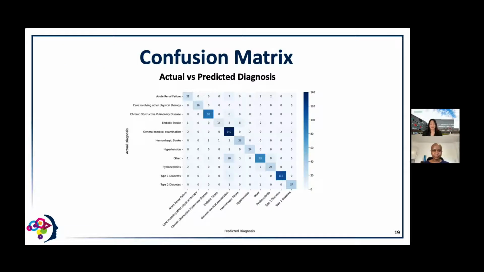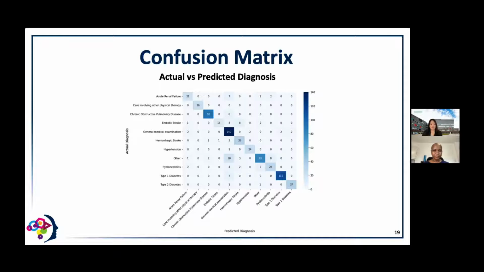A confusion matrix is a really great way of visualizing the results, especially for a classification model. On the left-hand side are the actual diagnoses, and on the bottom are the predicted diagnoses. Using the confusion matrix, you can see how many times the model has correctly predicted the diagnosis for each of the categories, and which categories it often gets wrong.